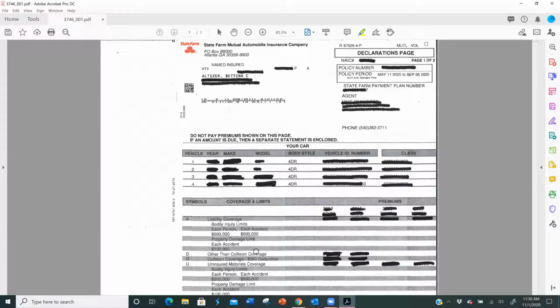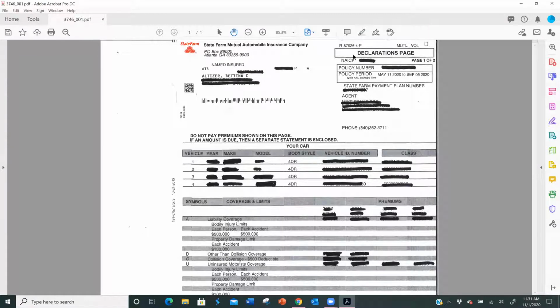So I will get rid of those highlights, and there's that one. So let's look down a little bit below. Before I get to uninsured, let's talk about property damage limit. And so let's highlight that.